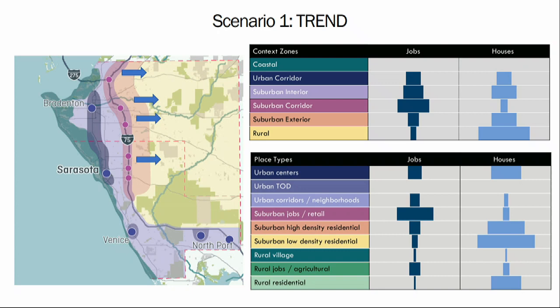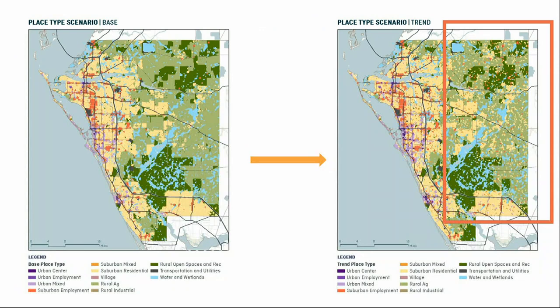With the trend, you can see that a lot of the housing was going to be in the rural residential and suburban areas, and the jobs were still going to continue to be in the urban corridors. So that's the trend scenario, and this is what it looks like on a map, where the green is turning yellow more and more as the rural areas get populated at low density.